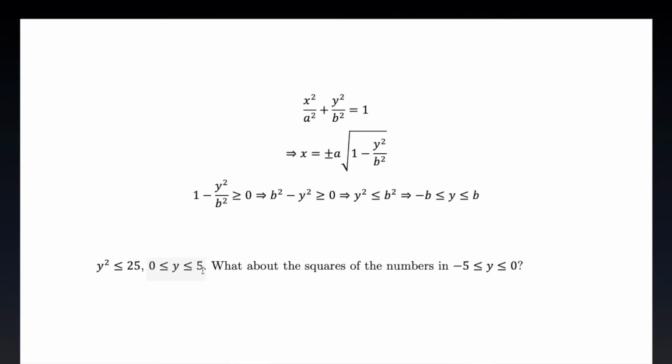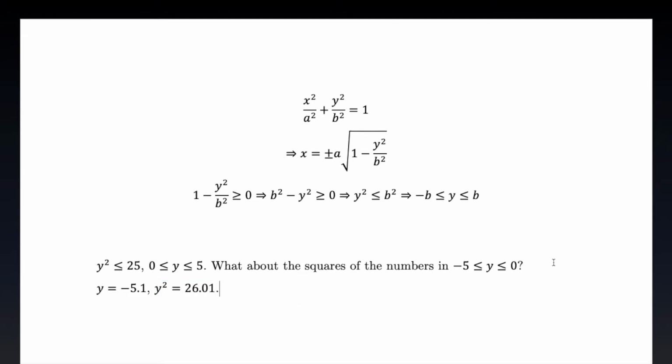So that means y square less than 25 for a positive, or non-negative, quantity y. If these are the bounds, then if we allow y to be negative as well, this will be the corresponding bound in the negative part. Because if y is minus 5.1, what is your y square? 26.01.